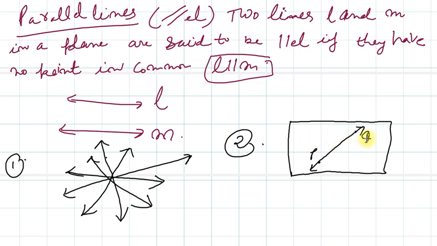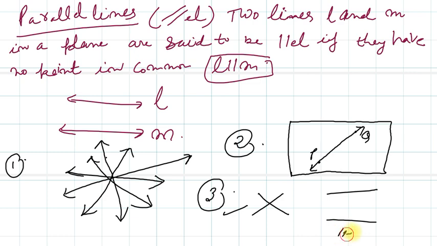This line lies completely in this plane, right? Third, you have to keep in mind that two lines lying in a plane either intersect at exactly one point or are parallel. In a plane, either they will intersect or they will be parallel, right, students? So these are intersecting lines, these are parallel lines, keep in mind.